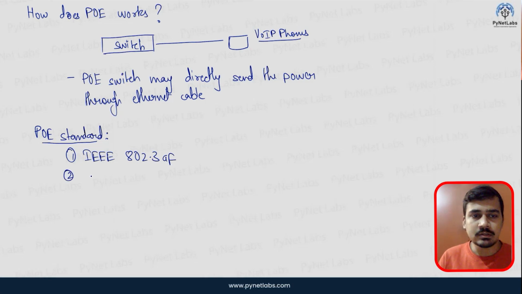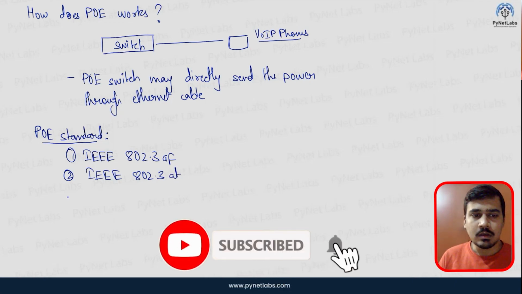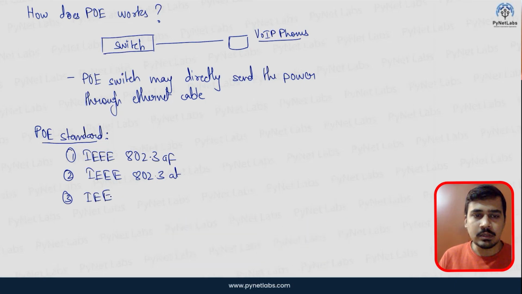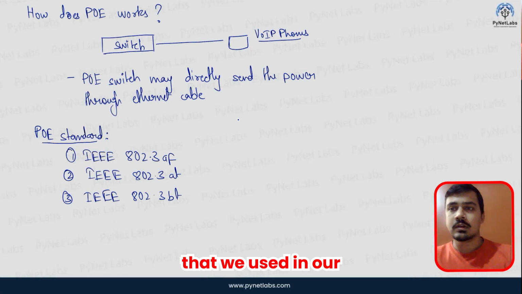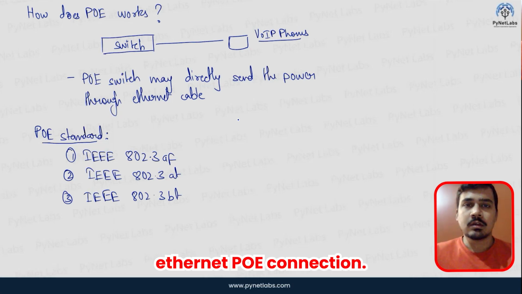The other one is IEEE 802.3at. And the third one is IEEE 802.3bt. These are the 3 standards used in our Ethernet PoE connection.